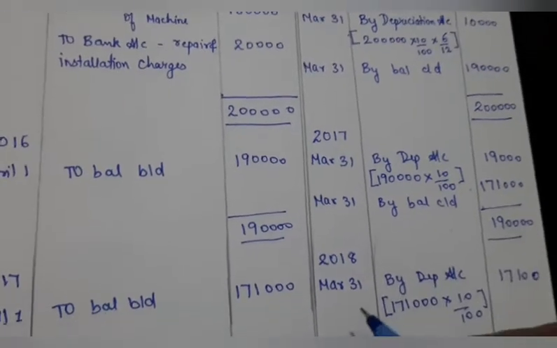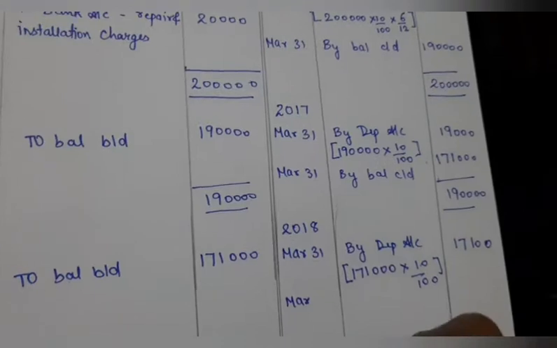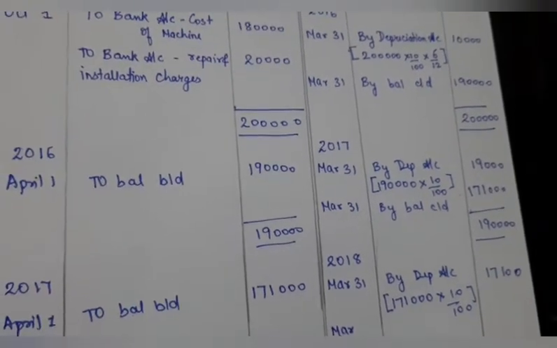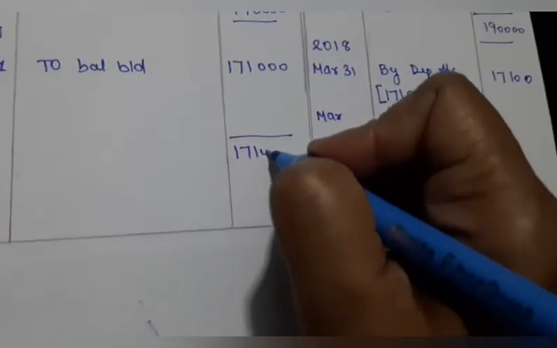Now again we will close this account. Let us make a total of this. Closing this side also, you will get 1,71,000.